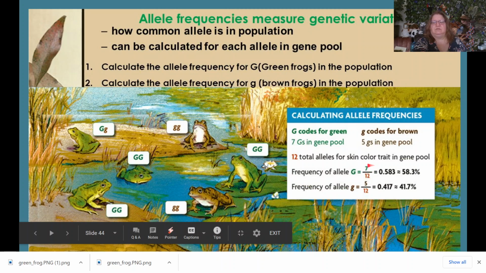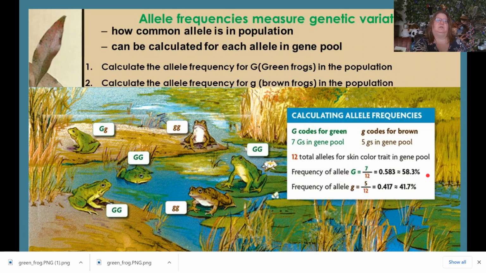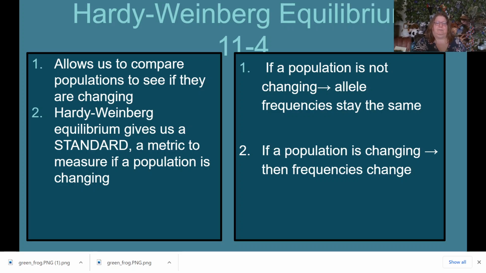So you can see where they got the 7. 7 out of 12. And then we have frequency of the G allele, 5 out of 12. And so notice they should add up to 100% or 1. And now, that gives us a way to see whether or not the population changes.